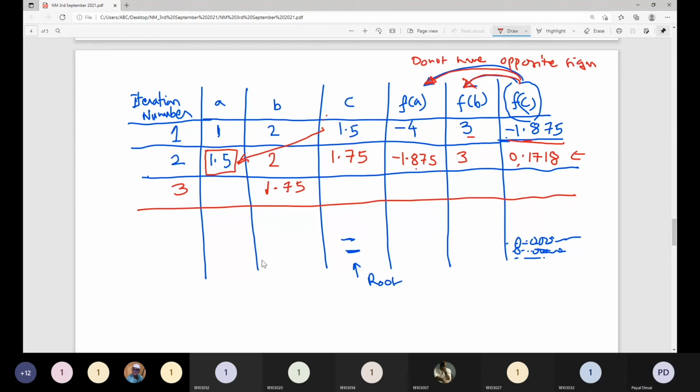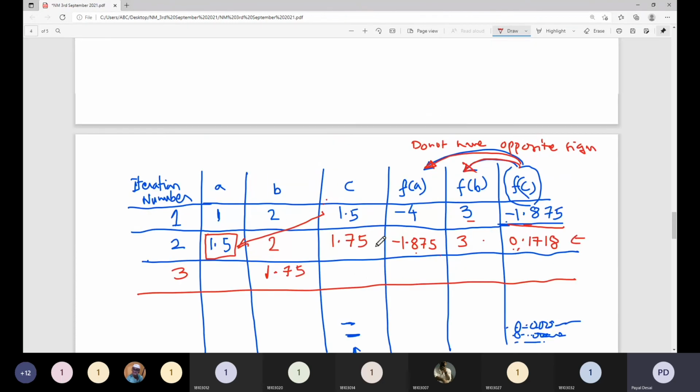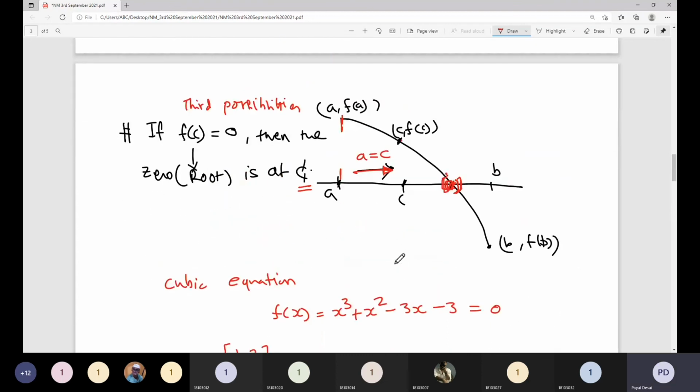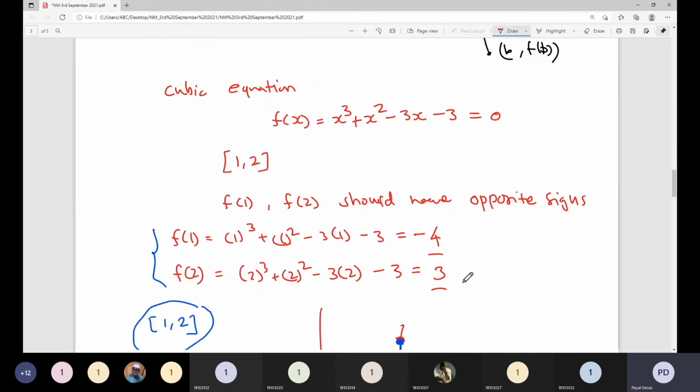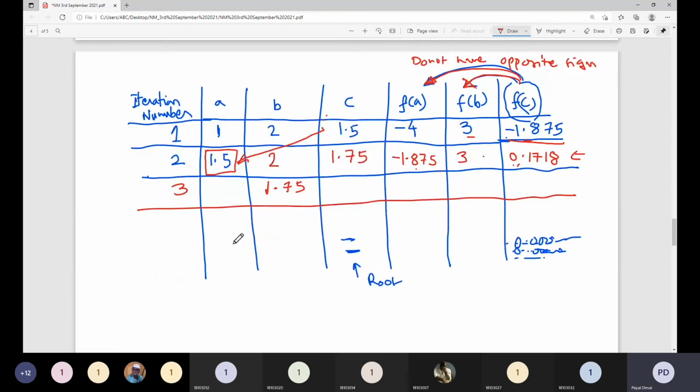FB and FC, this possibility will not occur because they don't have opposite sign. I want FA and FC, and they have opposite sign. So perfect. That means I am squeezing the value of B to C. The C value will become your B value next time, and your A value stays as it is.